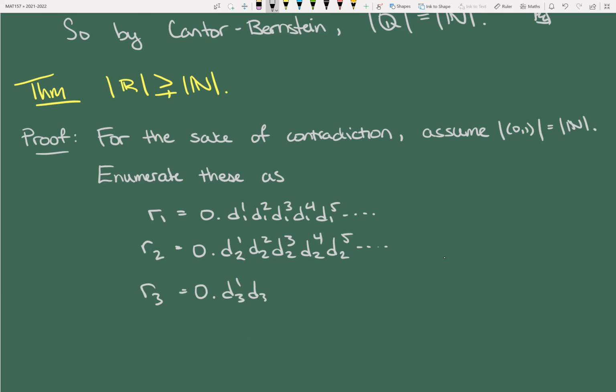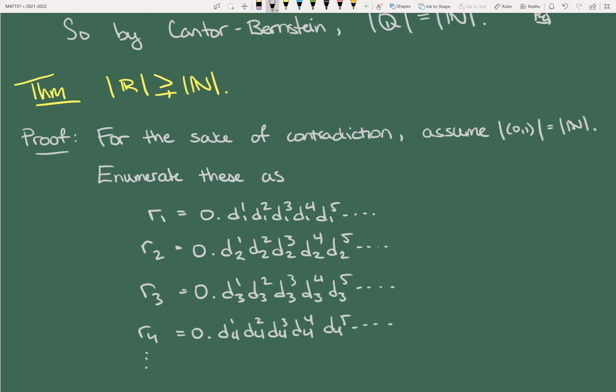D31, D32. These aren't powers, these are just indices. D41, D42, D43, D44, D45. And so on and so forth.